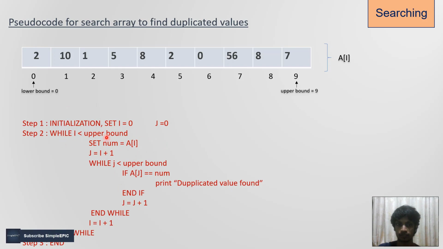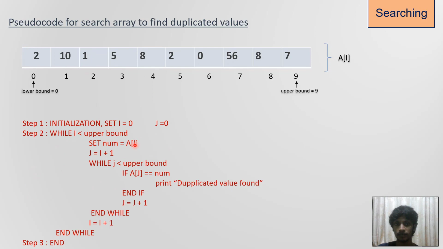Likewise, in the second iteration i will be 1, so a[i] will be 10, and num will hold 10. This is a temporary variable to store the current element of the array.